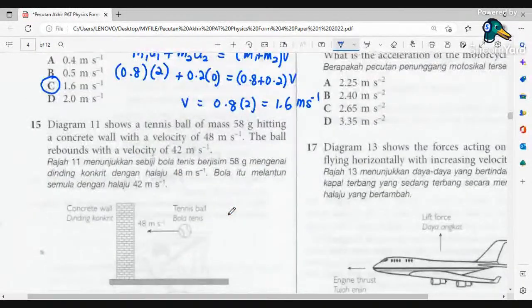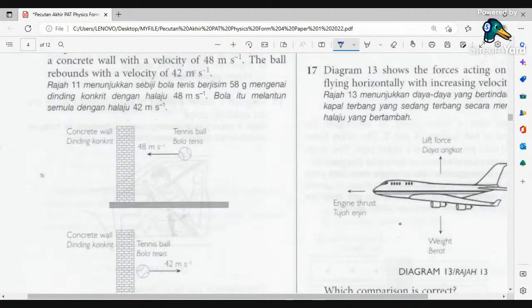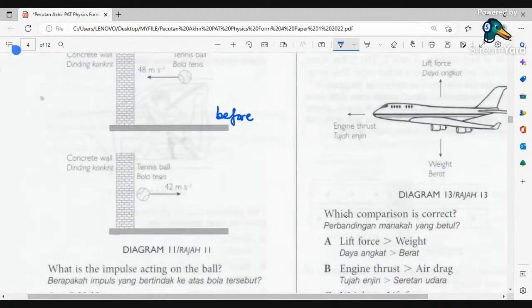Okay, number 15. Diagram 11 shows a tennis ball, mass 58 gram, hitting a concrete wall, velocity 48. The ball rebounds, velocity of 42. Okay, this is before. This is after.